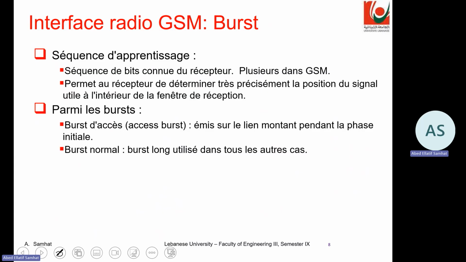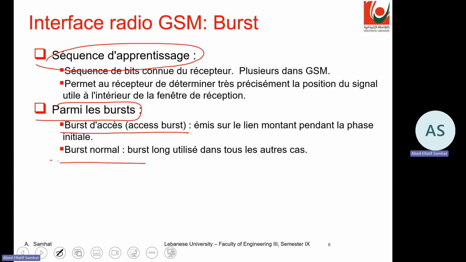So here, as we said, the learning sequence is used in order to let the receiver know exactly the position of the signal within the window of reception. And as I said, it's also used to learn about the radio conditions of the channel. For the burst, we have two types: the access burst and the normal burst.